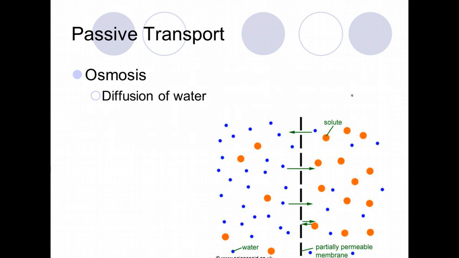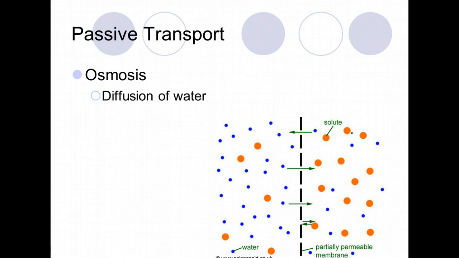So if we're looking at this image, again, we've got the blue dots as water and the orange as a solute. And if only water is able to move, then water is going to move from where there's high water on the left, a lot more water, to the right where there's not a lot of water. Right now there's more water on the left than the right, and then it'll balance out, so there will be equal amounts of water on the left and the right.